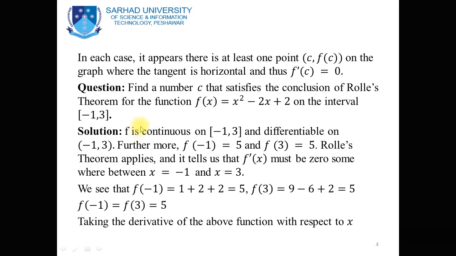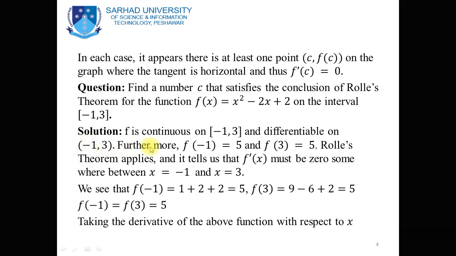If it is given that the function f satisfies the hypotheses of Rolle's theorem, we just need to find the point in this interval. f is continuous on the closed interval from −1 to 3 and differentiable on the open interval.